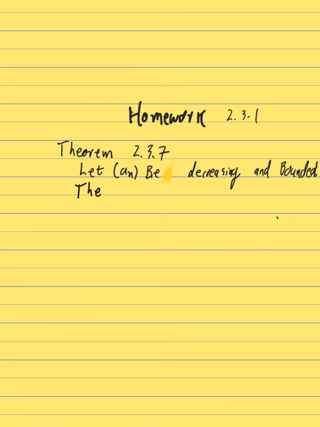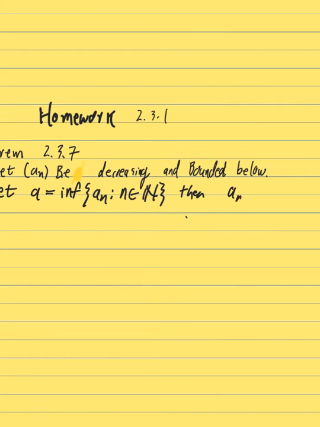Then let A be the infimum of the set of all things that look like A sub n, where n is in N. Then A sub n converges to A.